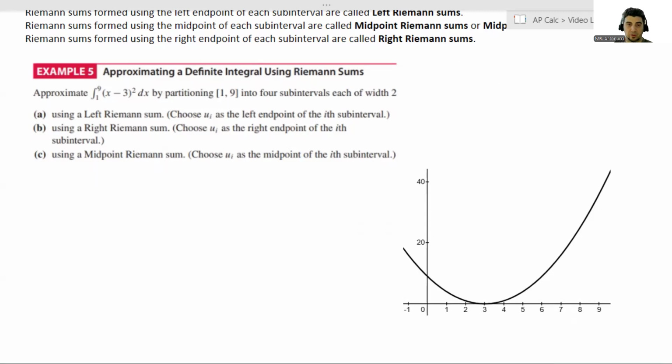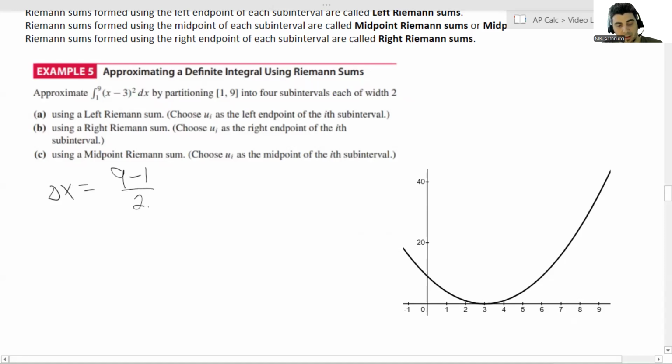In this particular situation, each of them has a width of 2, so delta x is going to be (b minus a) over n, which is 8 over 4, which is 2. So the four subintervals would go from 1 to 3, 3 to 5, 5 to 7, and 7 to 9. Those are going to be our four subintervals.